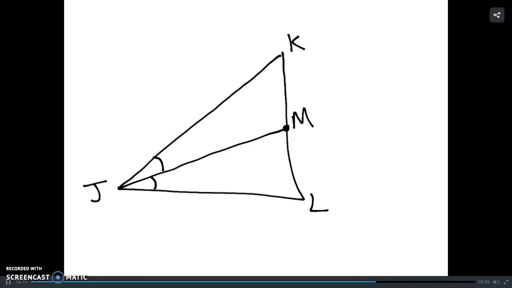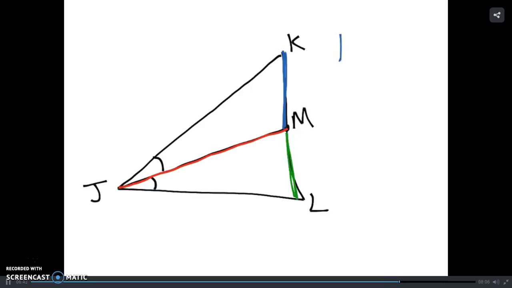This time, instead of talking about the length of the angle bisector, we're actually talking about the line segments it cuts over here on the side. So, for example, this is our angle bisector, JM, right? And it cuts this line, KL, into two pieces. So we have KM here is one piece, and ML is another piece.